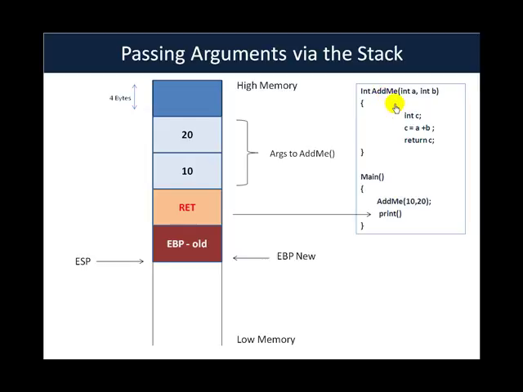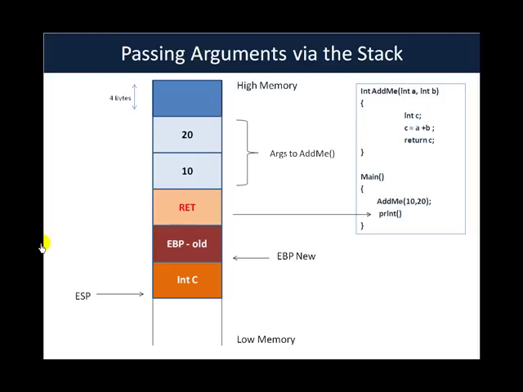function addMe is concerned. From there on, let's say if you want to reserve some space for the local variable integer c, we go ahead, create that space and update ESP accordingly. And then depending on what other things we do with the stack, ESP's value could change.